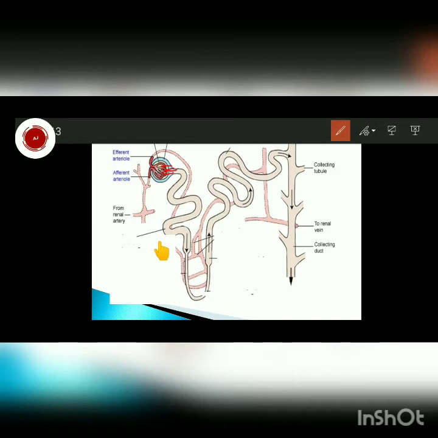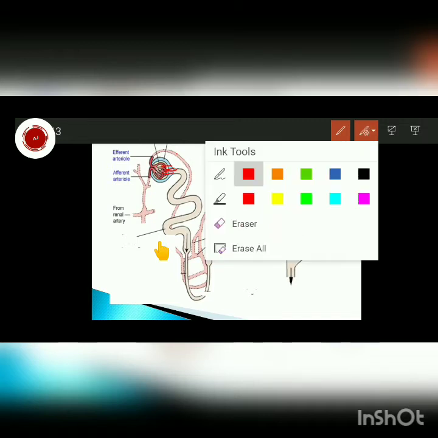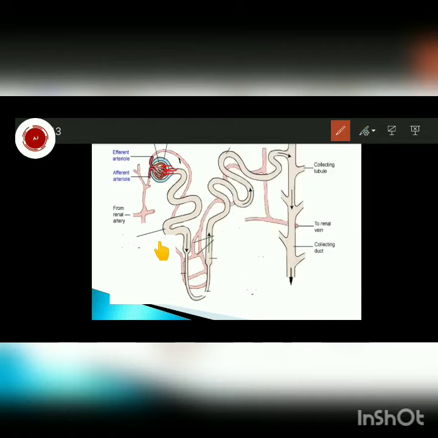Okay, so here you can say that water, nutrients, proteins, urea, uric acid seep out into Bowman's capsule.